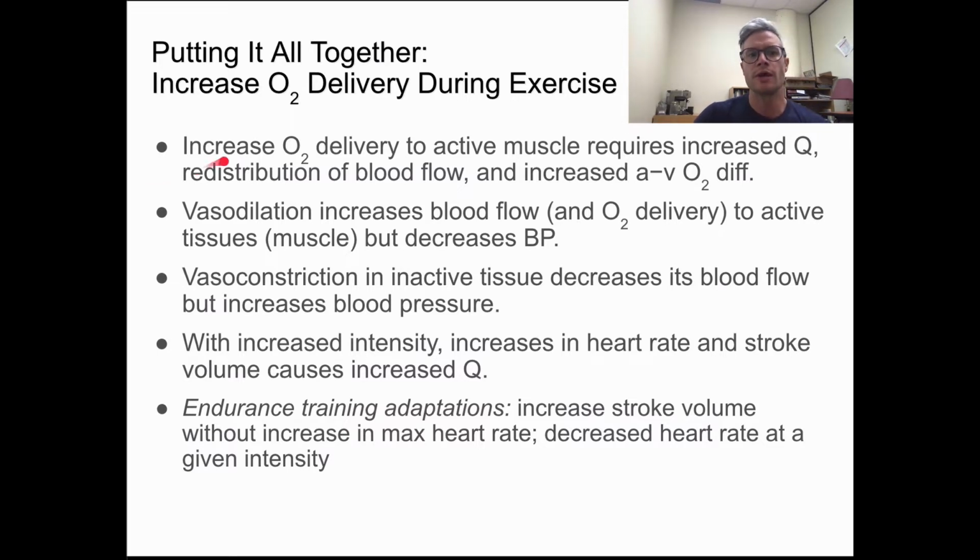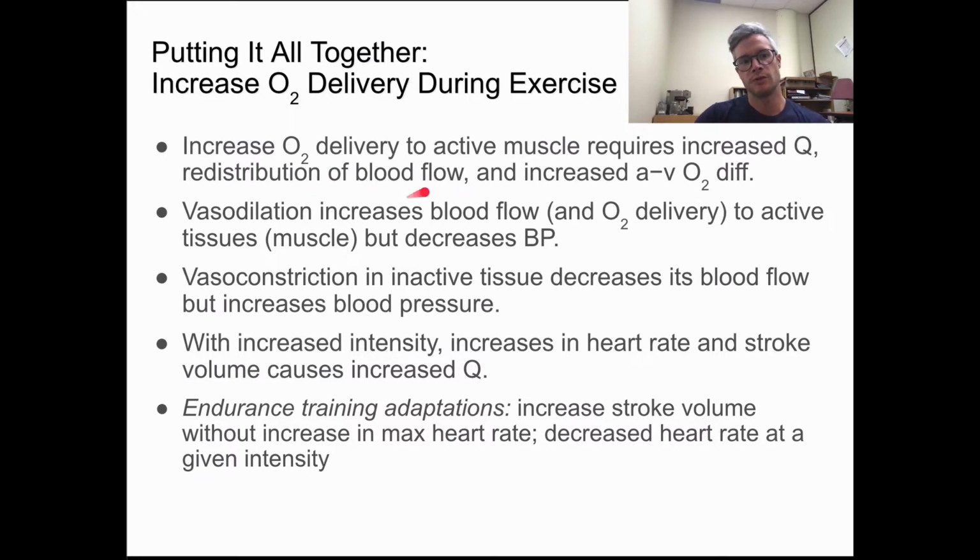And so what we're able to do is increase that oxygen delivery, right? And that's through blood flow, and in particular redistribution of blood flow, or increased cardiac output, and again an increase in the capacity for working muscles to pull oxygen from blood.